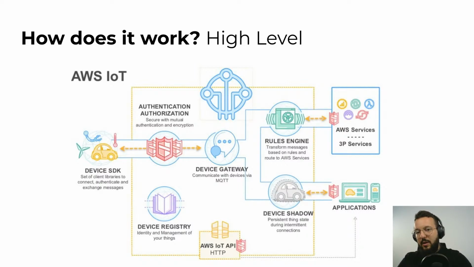So bear in mind that IoT Core in itself should be really easy to replace. It should be a migration issue at most, not the whole problem with the vendor lock-in.